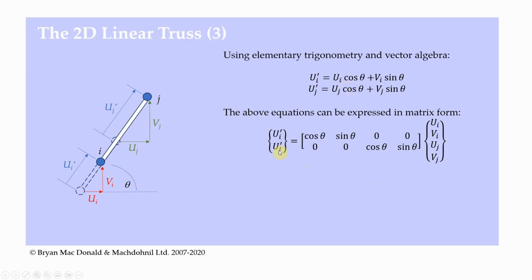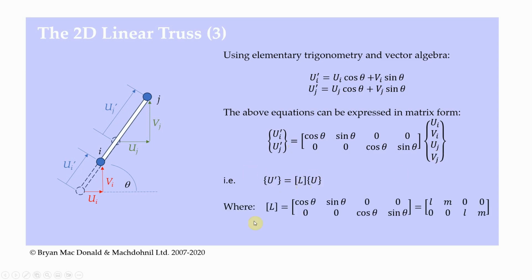So we essentially have one-dimensional deflection here, two-dimensional deflection here, and something relating them. So that something relating them is called the transformation matrix, and we give it the symbol L here. Okay, so we've got u dash there, we've got u here, we have L relating the two of them, and L is cos theta sine theta 0 0 0 0 cos theta sine theta.